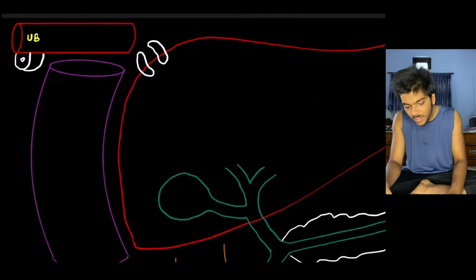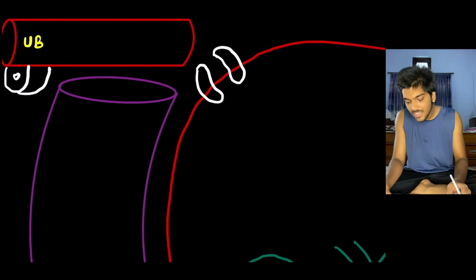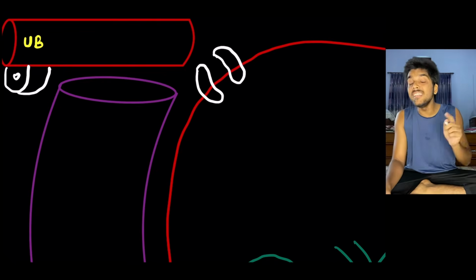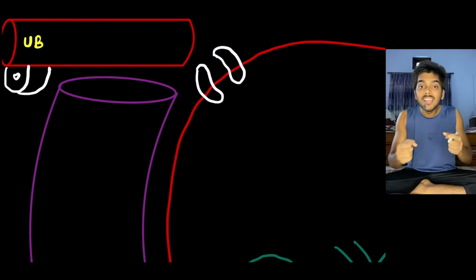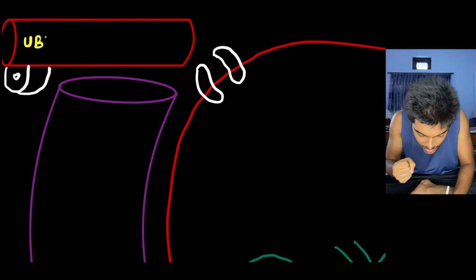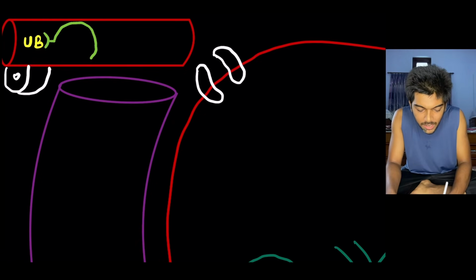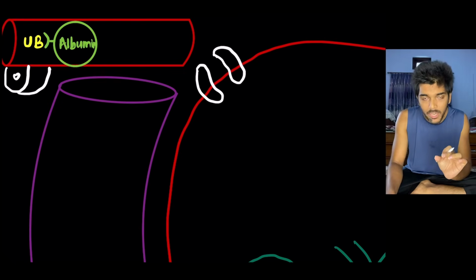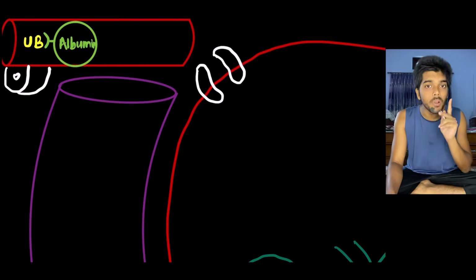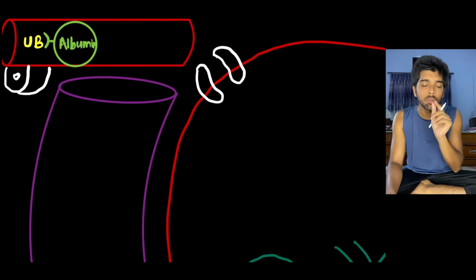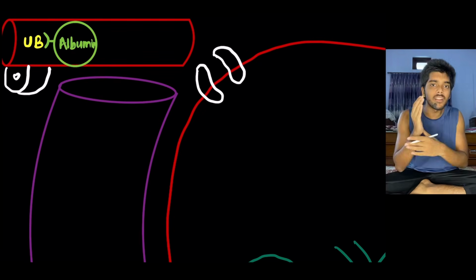That is none other than the fact that this unconjugated bilirubin inside body circulation binds with a plasma protein, albumin. See, unconjugated bilirubin is lipid soluble, plus it is small in size as well, so it can easily enter inside tissue.